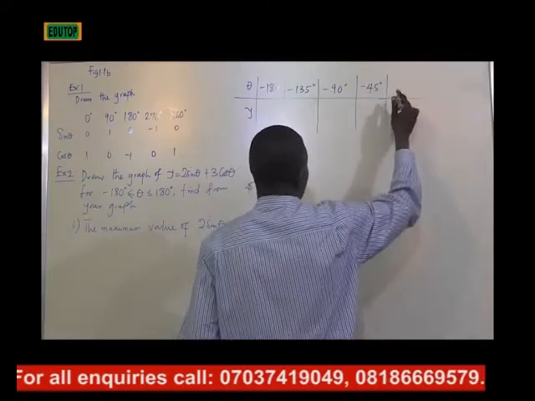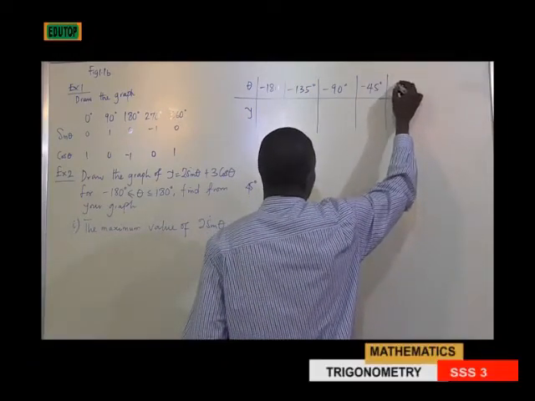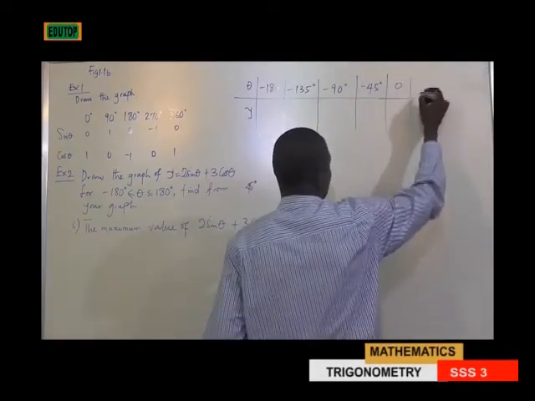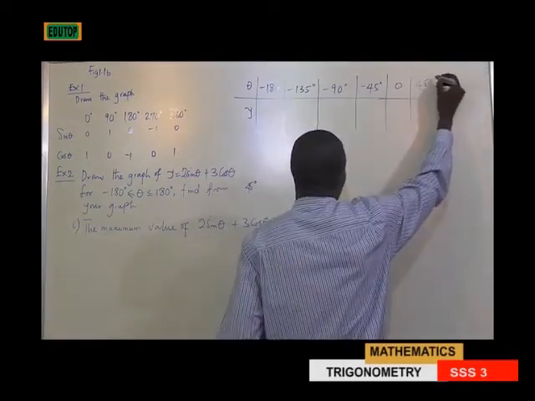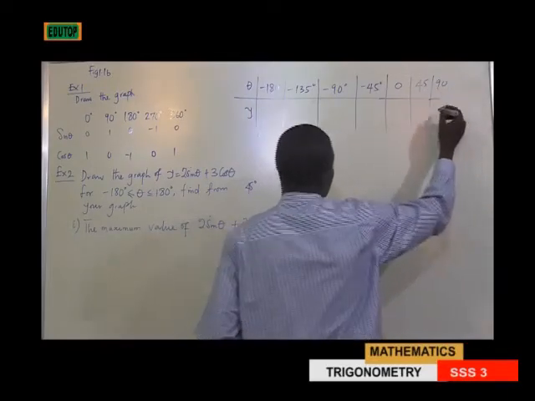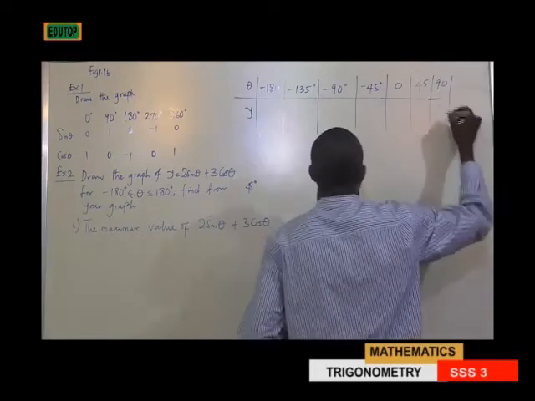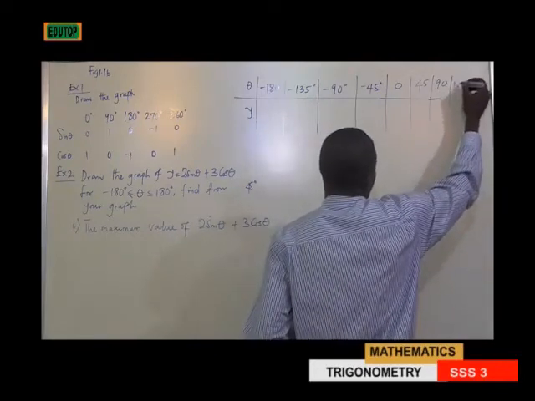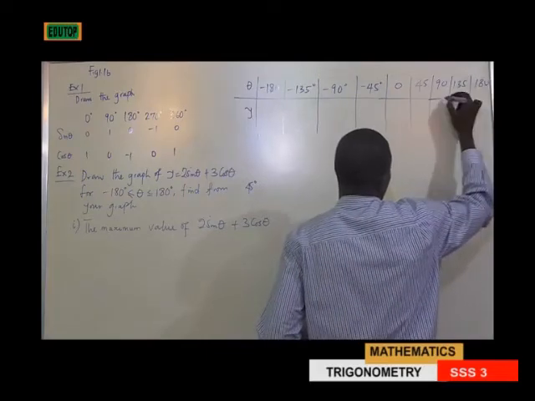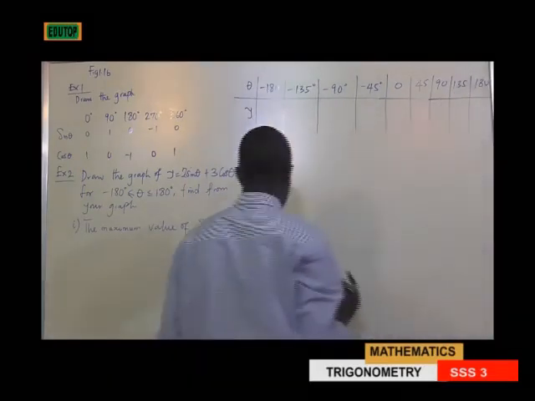And the next one will be 0. The next one will now be 45, the next one will be 90, the next one will be 135, and the last one will now be 180. So this will be our table of values for this.